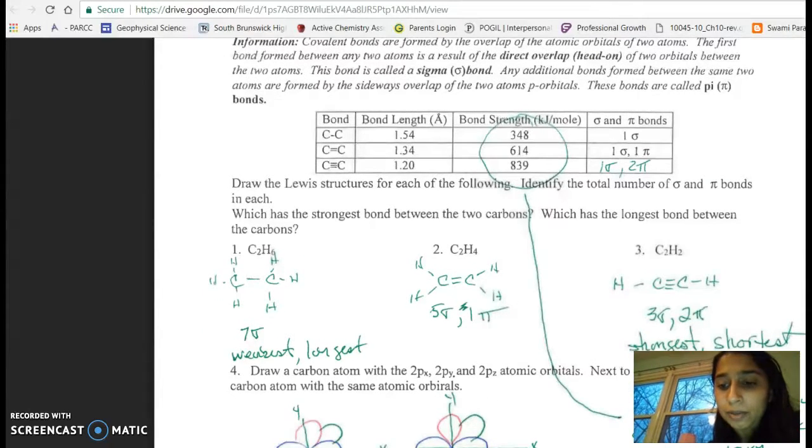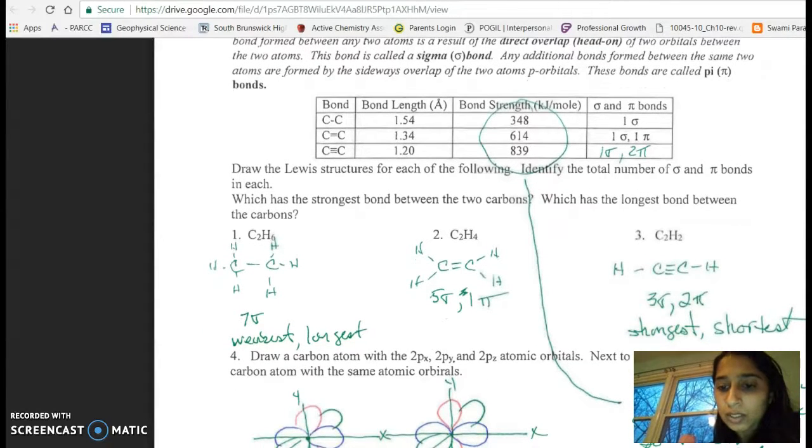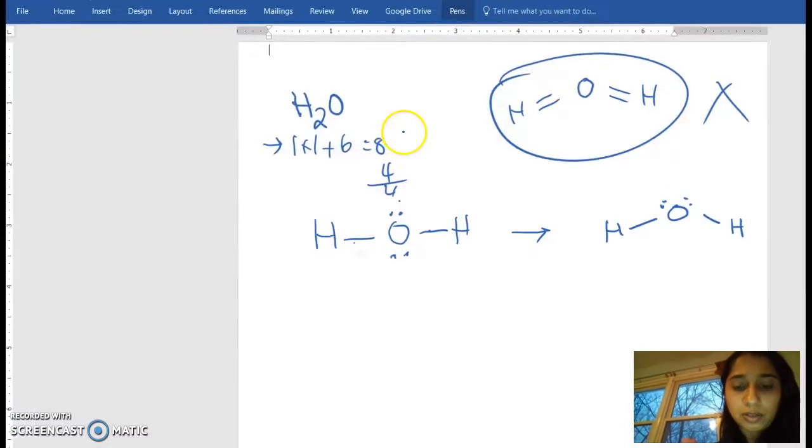How many sigma bonds do we have here? 1, 2, 3. You just have 3 sigma bonds and you have 2 pi bonds. The triple bond counts as 2 pi bonds. Okay, so let's do another one.